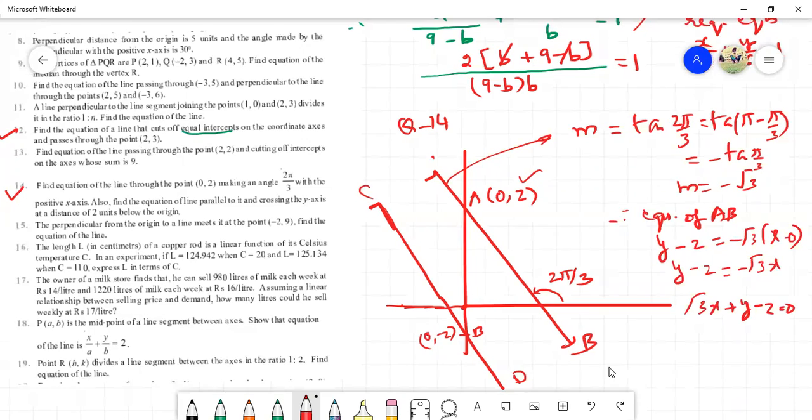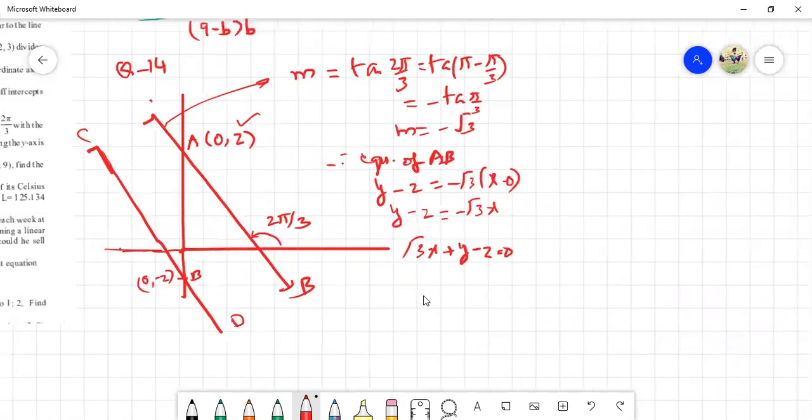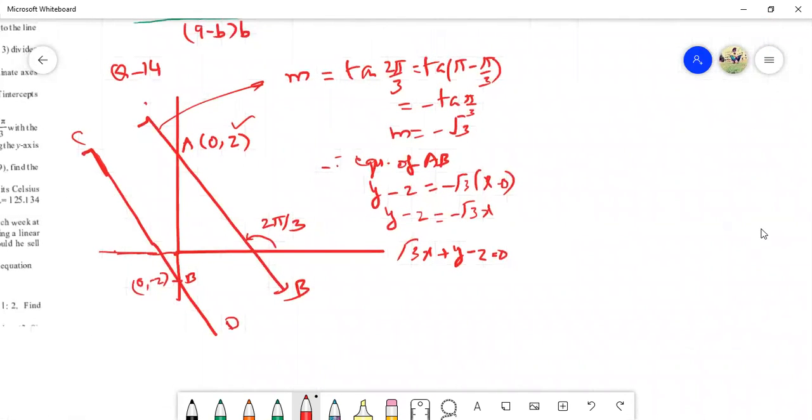Now you have to find the equation of the line CD, and these are parallel lines. Therefore, they have same gradient. So slope of CD will be equal to the slope of AB because they are parallel, minus root 3, and it is passing through this point. Therefore, its equation will be again the same formula.